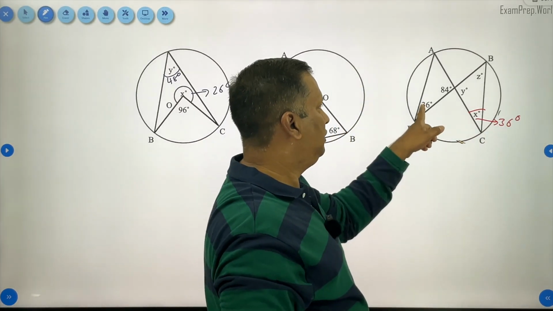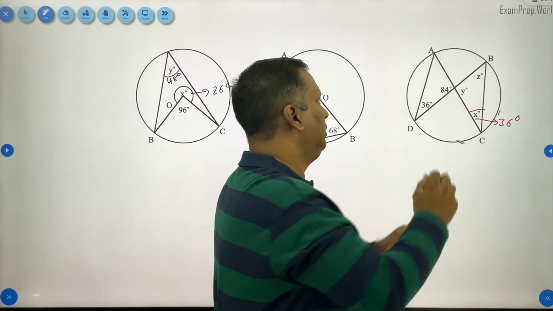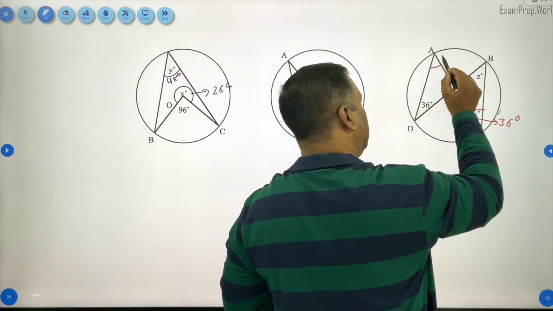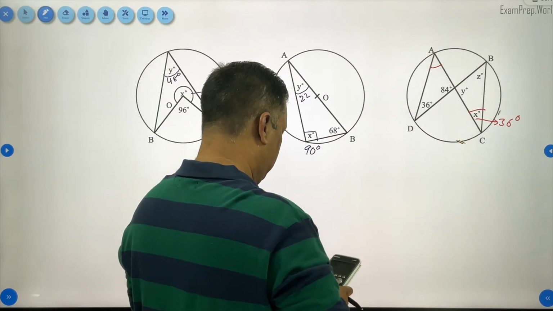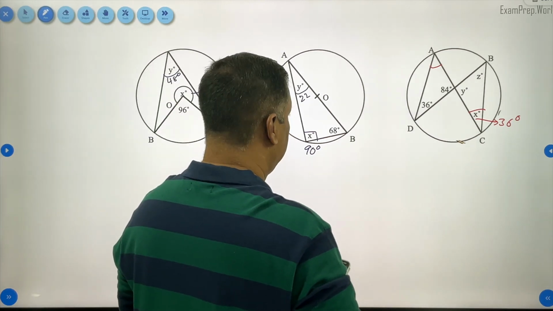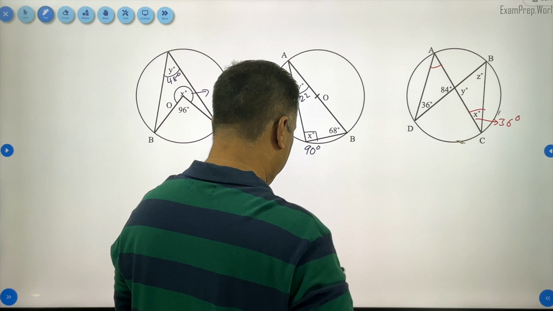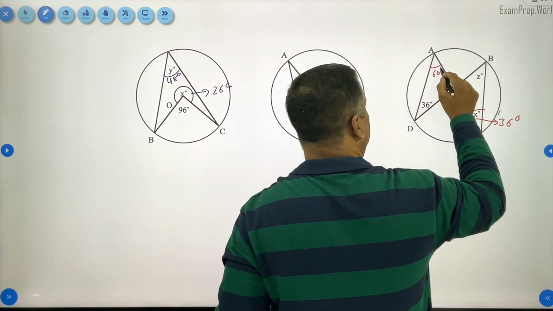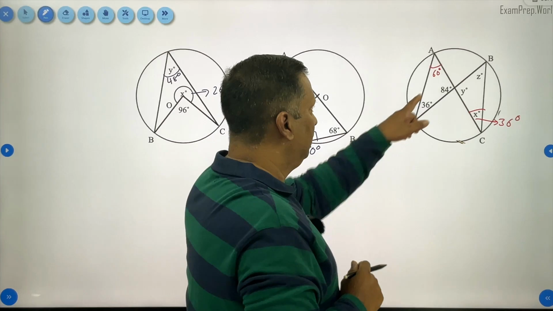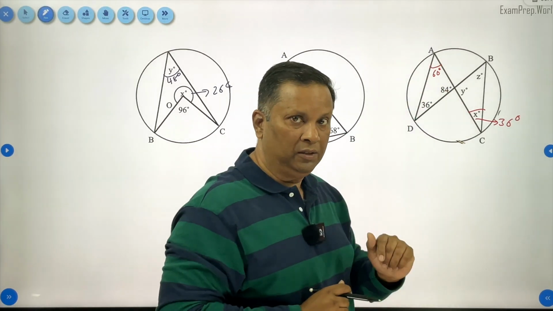Now if this is 36, this is 84, how much will be this? So 180 minus 36 minus 84, I got 60 degrees. Why? Because the sum of the angles of a triangle is 180.